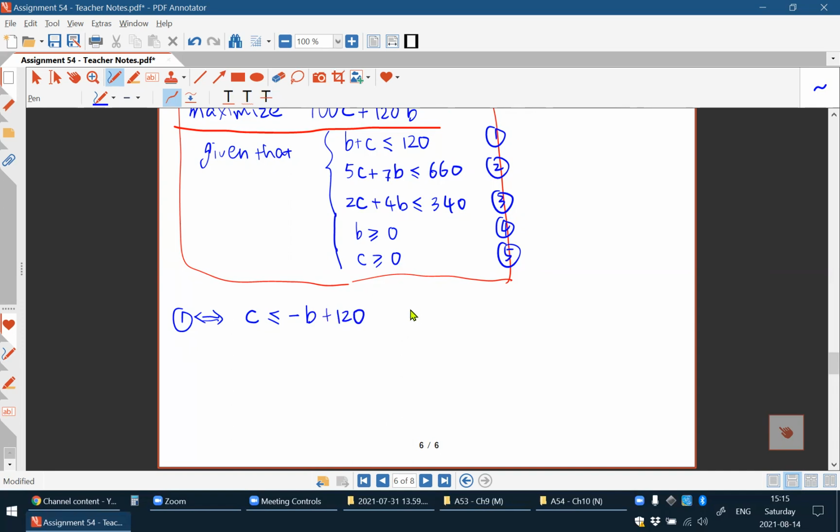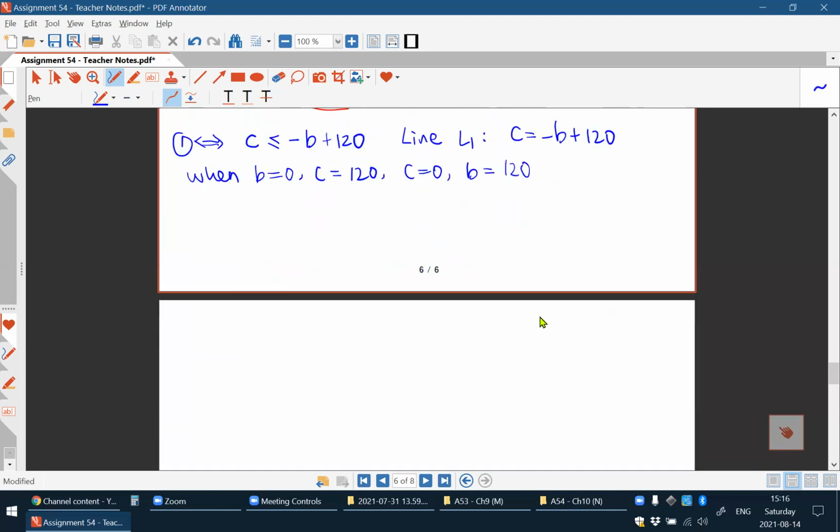And of course, the corresponding line 1 is C equals minus B plus 120. And we know that when B is 0, C is 120, and when C is 0, B is 120, right?